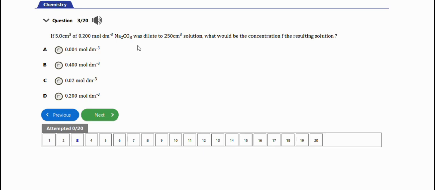So in this question, we have our C1 to be 0.200 mole per dm cube, and we have our V1 to be 5, and we have our V2 to be 250 cm cube. So we're looking for C2. So from that formula, let's bring a calculator and punch this to get our C2.